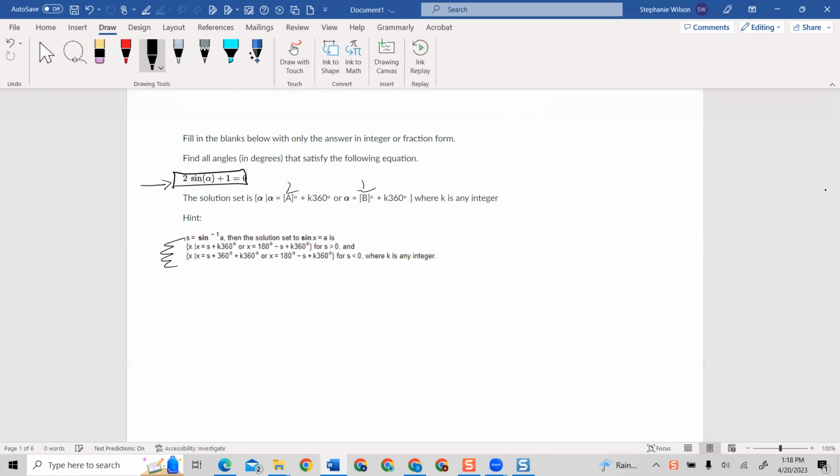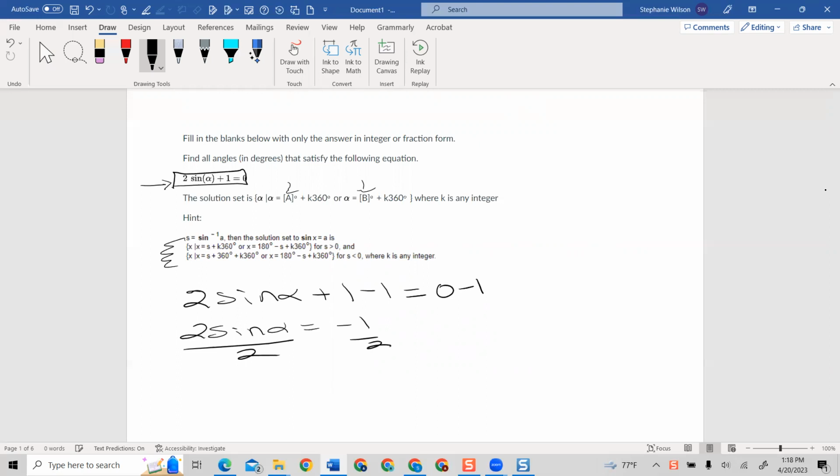So let's solve this. What I need is to get sine alpha by itself, and then I'm going to get alpha by itself. First things first, I need to subtract this 1 from both sides. Now I got 2 sine alpha is equal to -1. Divided by 2, I got sine alpha is equal to -1/2.